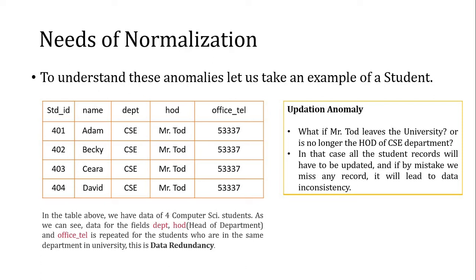In this case, student records will have to be updated. For every tuple, for every row, this name will need to be changed. If by mistake we miss any record, it will lead to data inconsistency.